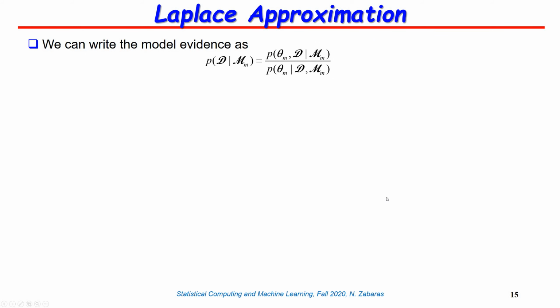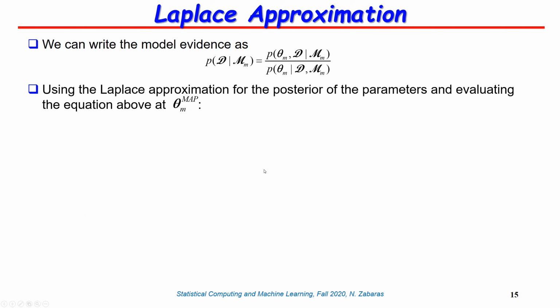Because we have seen that it can be used to get a much more accurate calculation, an approximation if you like, of the marginal likelihood. The way we derive this is by writing our marginal likelihood as the ratio of the joint probability of the parameters and the data set for my model. So think of this as being the likelihood times the prior. That's what it is.